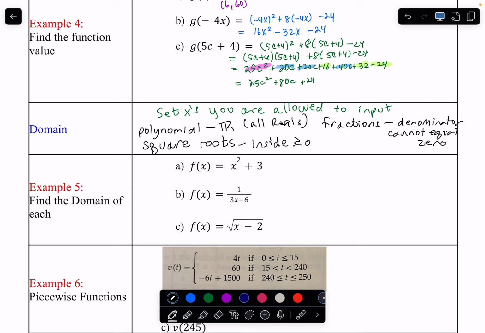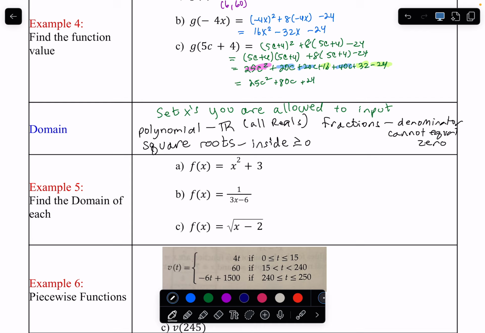Now you can have a combo of things. You can have a fraction with a square root in it. So that poses its own unique issues. Or we can have a square root with a fraction inside of it, which causes its own unique issues. But if it's a polynomial, you don't have to worry about it. Any input is available. Just fractions and square roots get messed up, okay?